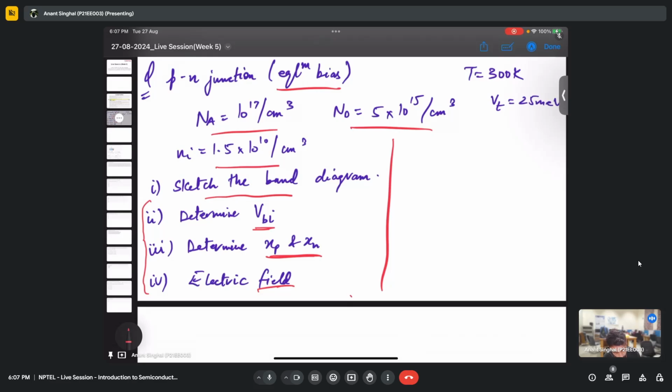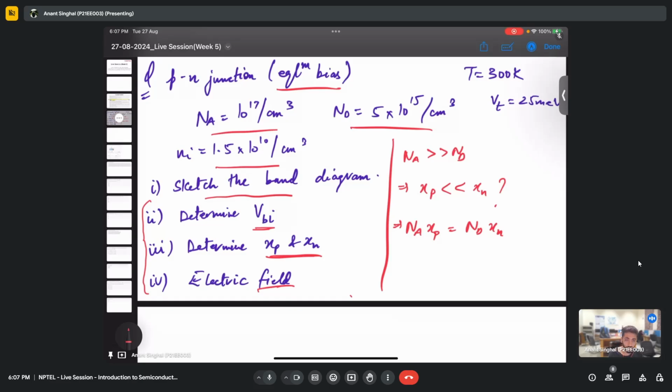In this question, what is given is that Na is greater than Nd. So can anyone tell what will be greater, Xp or Xn? It's N. Yeah. As she said, Xn will be greater, because we have read in the last lecture that the product of Na times Xp is nothing but Nd times Xn.